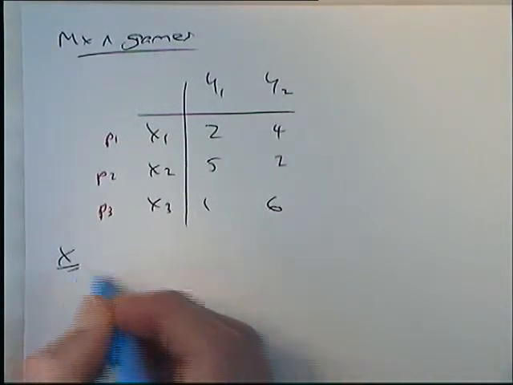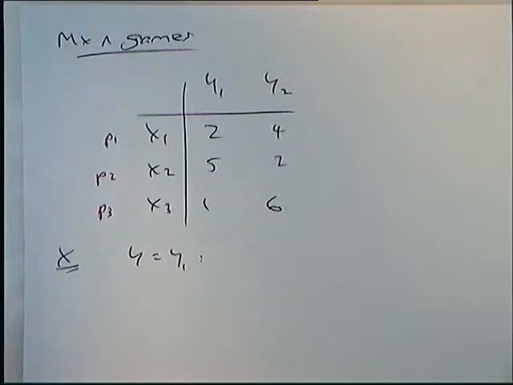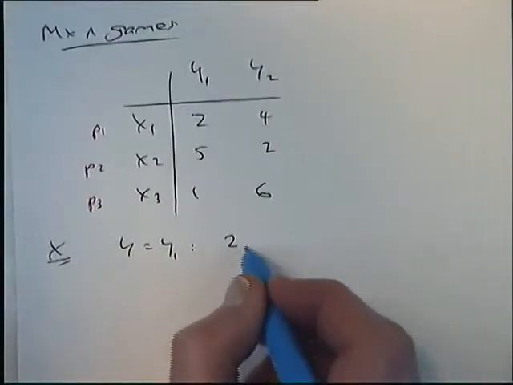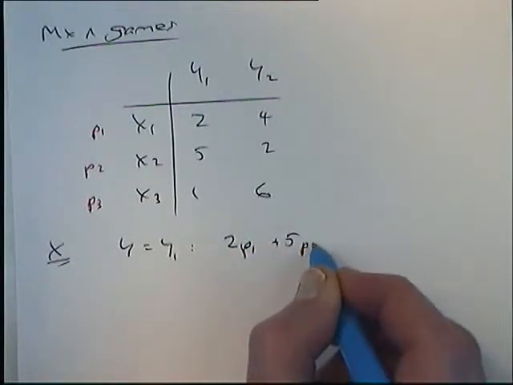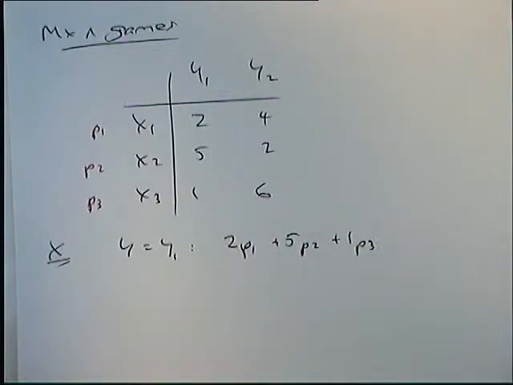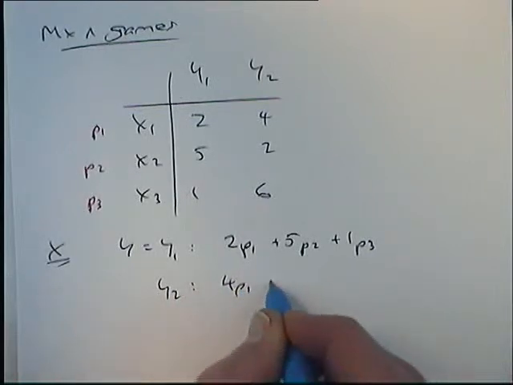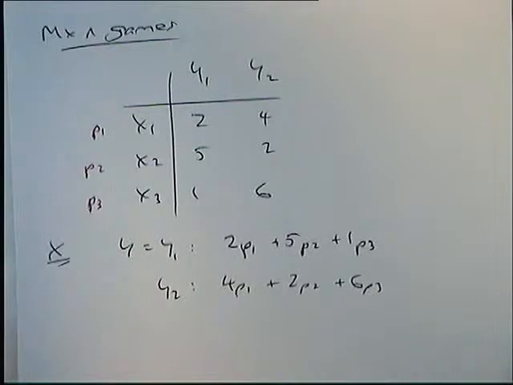From X's point of view, if Y plays strategy Y1 down here, X can expect a gain of 2 with probability P1, a gain of 5 with probability P2, and a gain of 1 with probability P3. If Y plays Y2, we get 4, 2, and 6 with their probabilities.